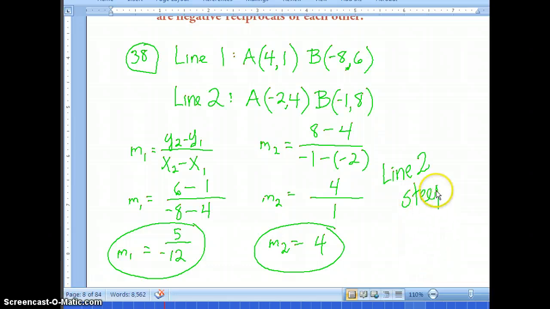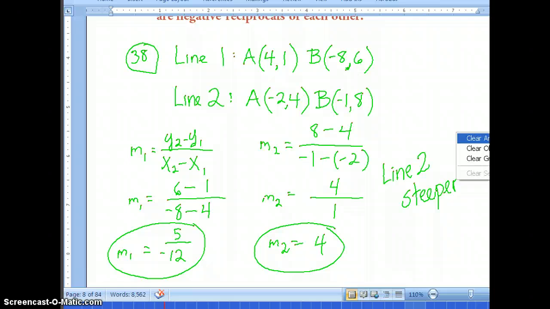So they're just asking you to recognize which line is steeper, line 1 or line 2. Now the other part of the assignment, the second part, 41 to 44, they ask you to tell whether the lines are parallel, perpendicular, or neither. So, hopefully everybody's got that.